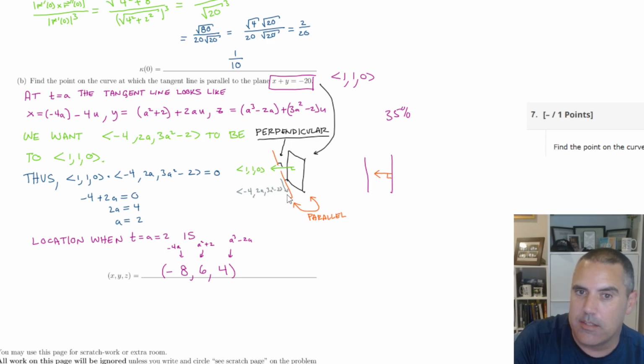But if this line and this plane are parallel, then this vector, the direction vector for the line, must be perpendicular to the normal vector. So once again, remember that the normal vector for a plane is perpendicular to that plane. Yes, that was a bit to think about, but we had already had to go through that process in the homework.